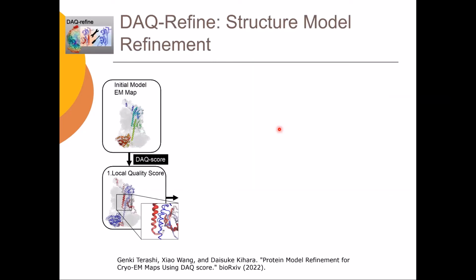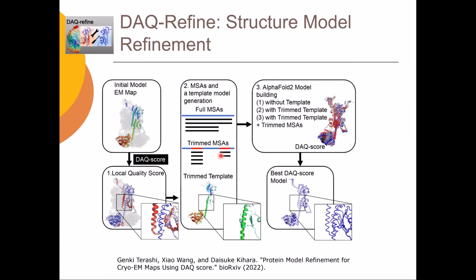Now the question could be, once you detect potential errors, how do you fix them? Of course, you can go back to COOT and remodel it, but one quick thing we developed is to use AlphaFold. But if you run AlphaFold, it doesn't look at the density at all, and it just models the structure from multiple sequence alignment.